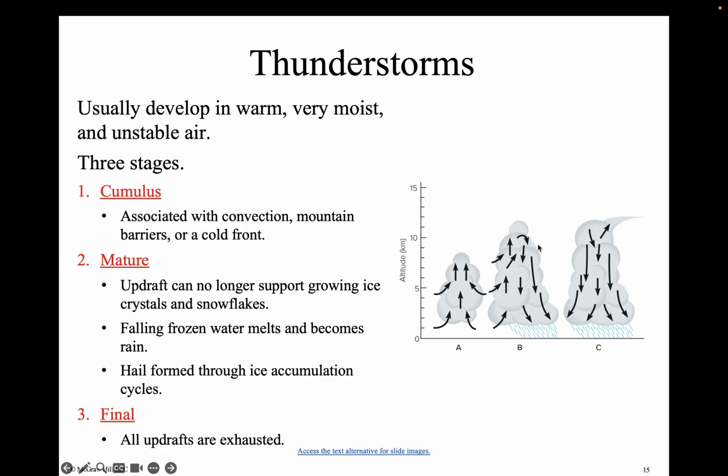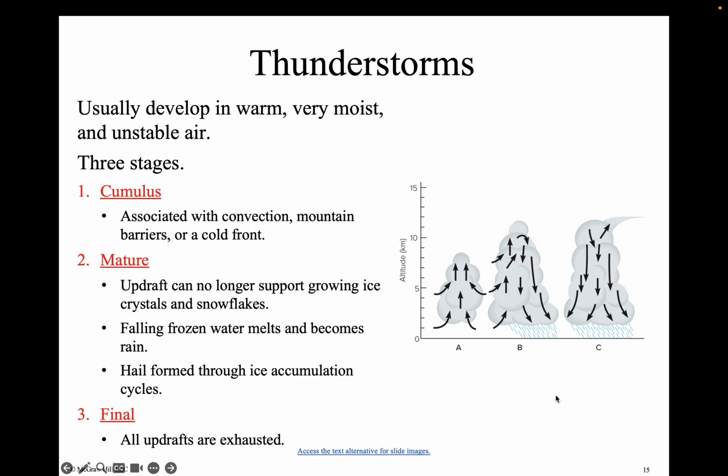But during B, because it's a mature stage, you can also still have some of this cumulus piling up. Okay, so during the mature stage, you can still have some convection of the air, bringing this warm and moist air up, but at the same time you can have the air going down. This process of going up we call updrafts, and the process of going down we call downdrafts, okay?